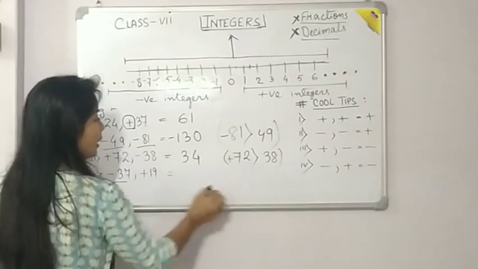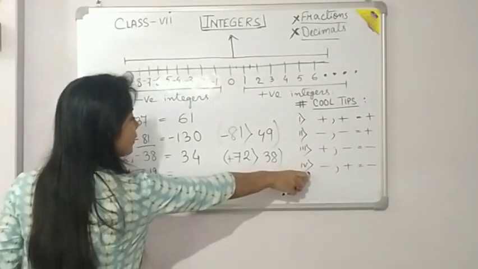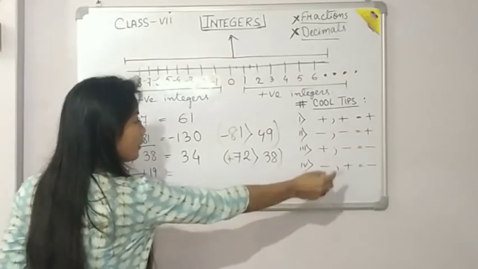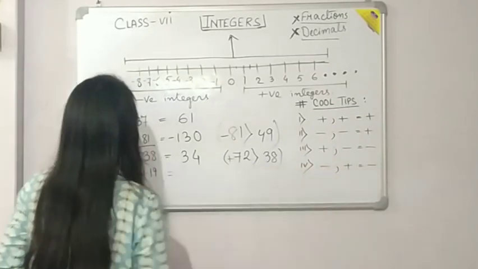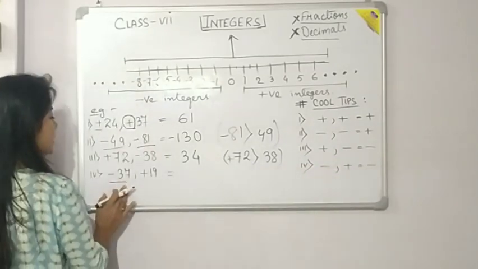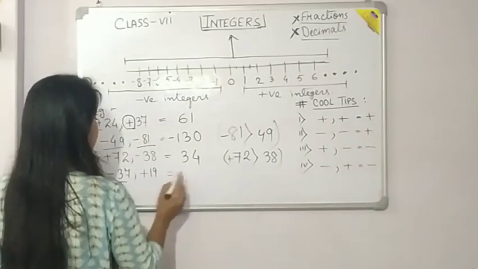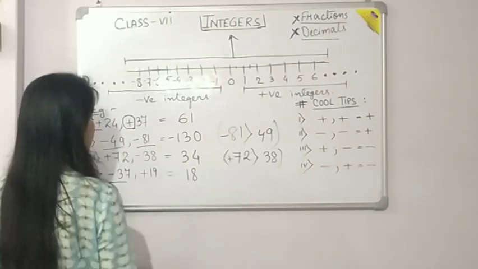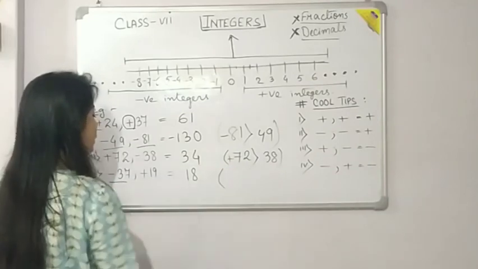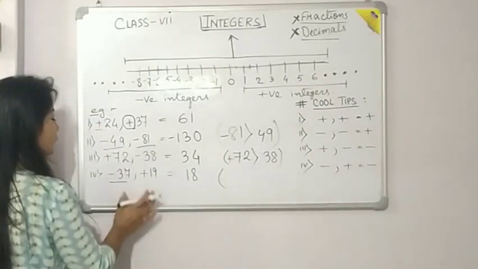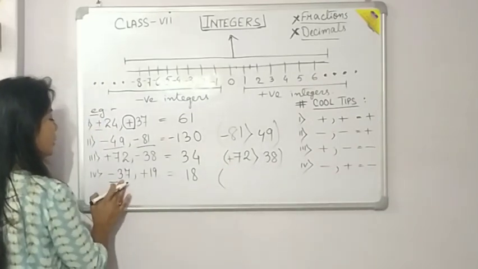Next, if we are provided with one negative number and one positive number, then also we have to do subtraction. So let us do the subtraction of 37 and 19. What will we get? We will get 18. Now what sign do we have to put? For that we have to check which one is the greater number.